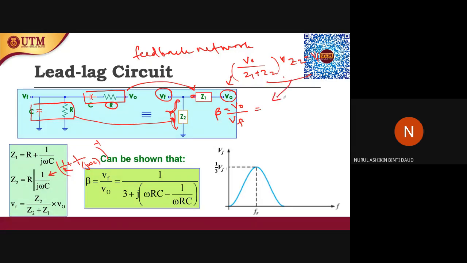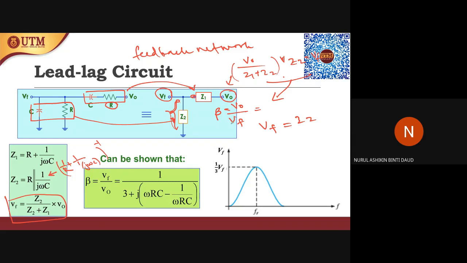When you rearrange this equation, VF equals Z2 over Z2 plus Z1 times VO.